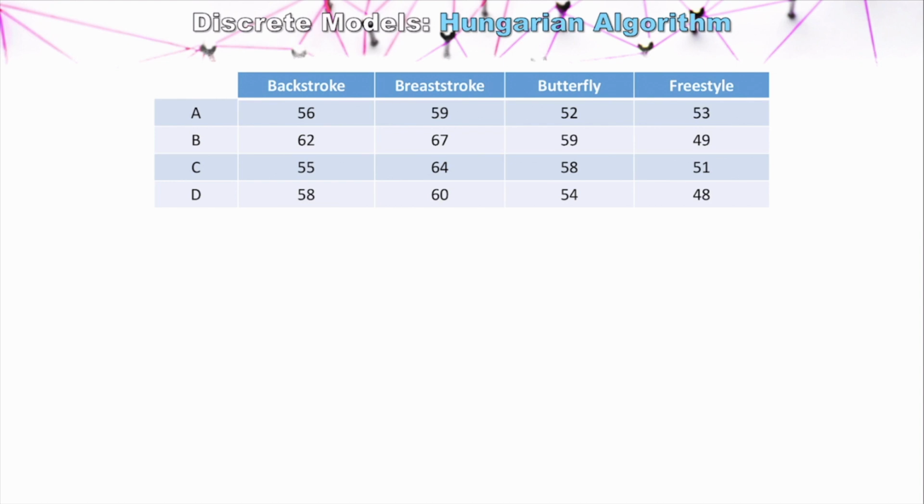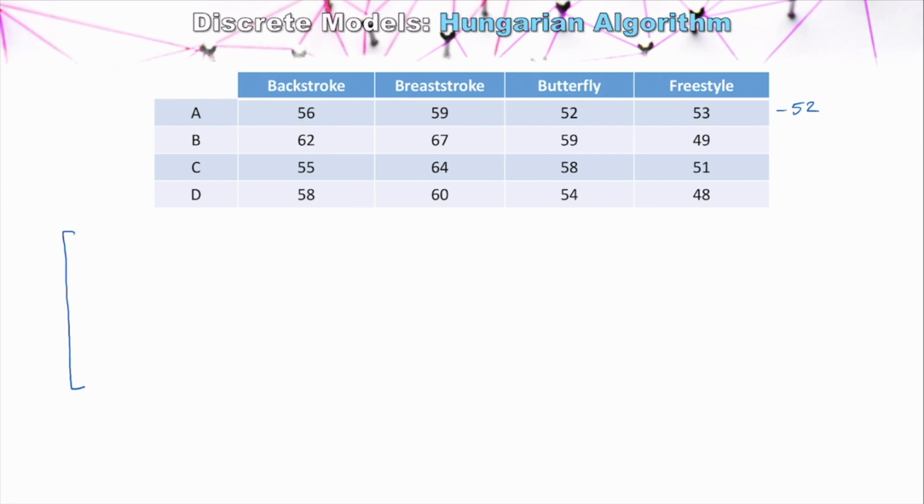What the Hungarian algorithm says is that if we look at swimmer A, no matter what, swimmer A is going to take 52 seconds as a minimum across any of the 4 strokes. So we say that no matter what, they are going to cost us 52 seconds, and we subtract 52 from the entire row.